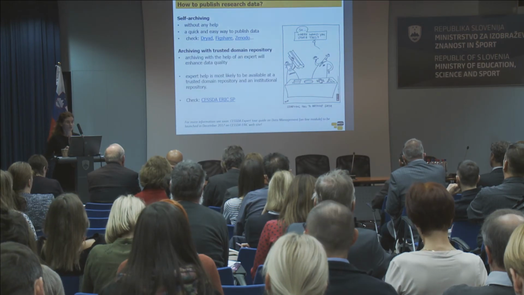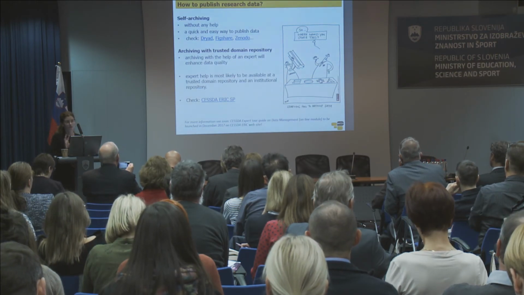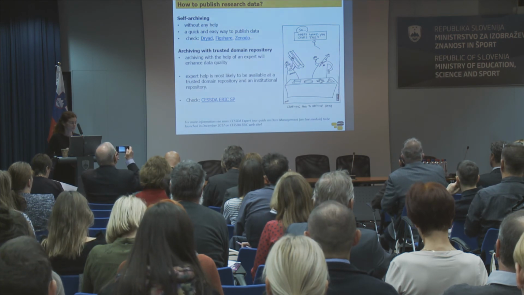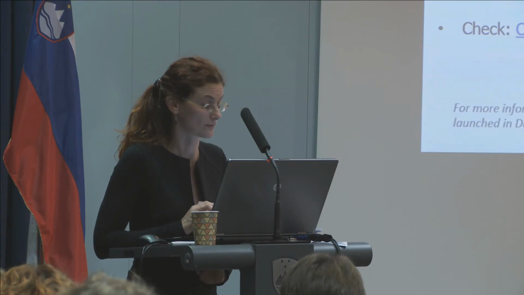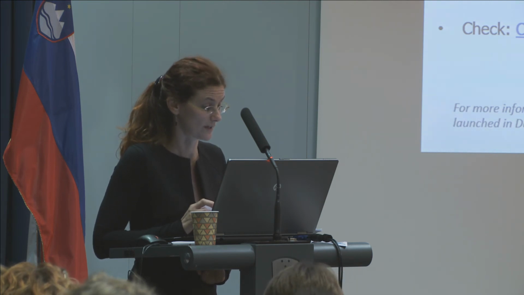And another question is, of course, how to publish research data. There are two general manners. One is self-archiving. This is a quick and easy way to publish data. Usually you don't need any help. It's easy, and these kinds of services are offered by different service providers.